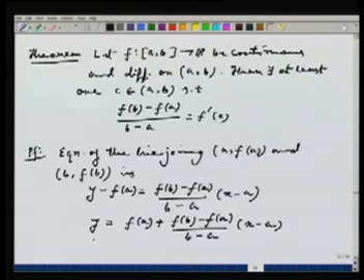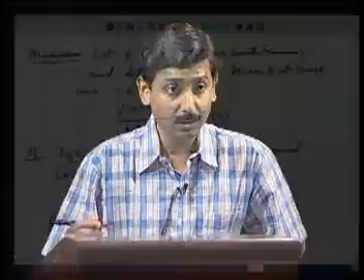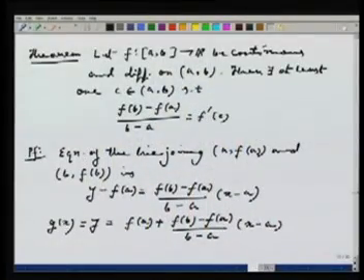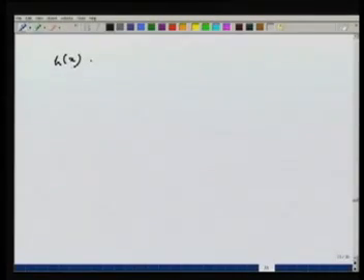Now this is another function. I can actually call it g(x). What I want to do is compare this function with the given function f(x). That is, I define a new function h(x) equal to f(x) minus g(x).